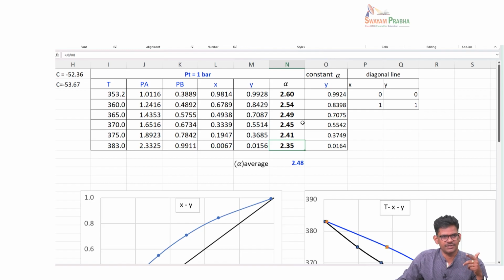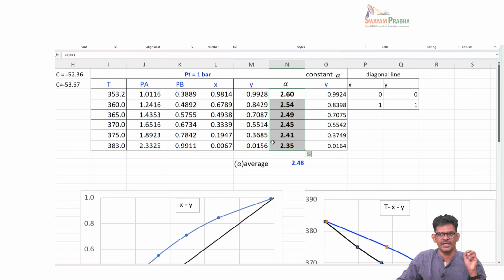Pa is the vapor pressure of A, which depends very strongly on temperature. Pb is the vapor pressure of B, which also depends strongly on temperature. But when you take the ratio, that ratio will not be very significantly affected by the temperature change. So even though the temperature is going from 353 to 383, the alpha value decreases only marginally.